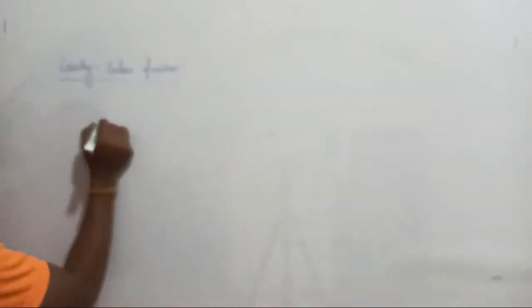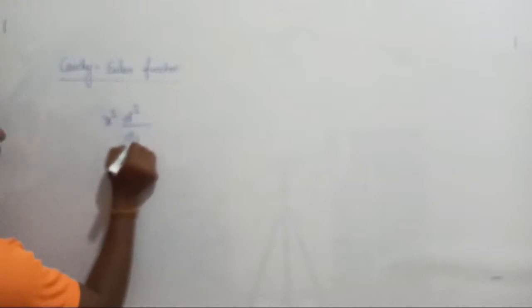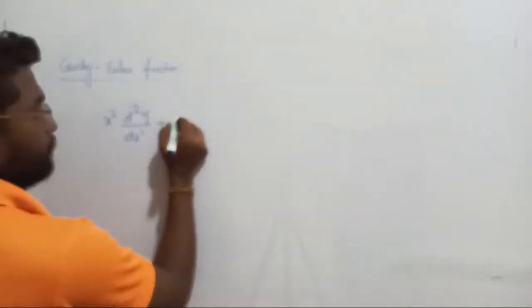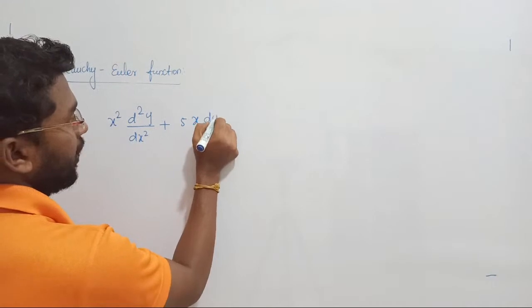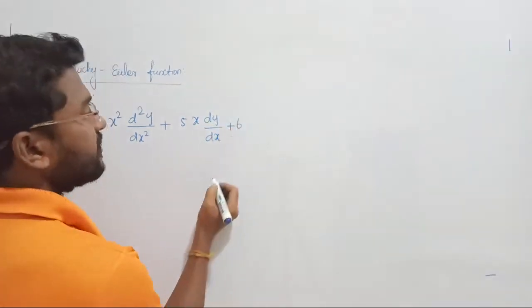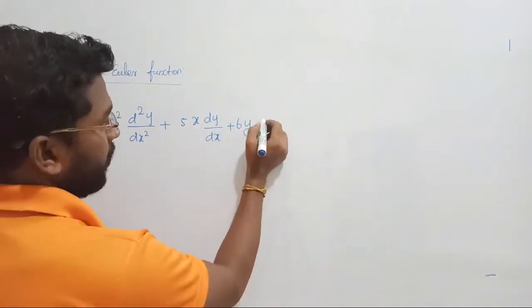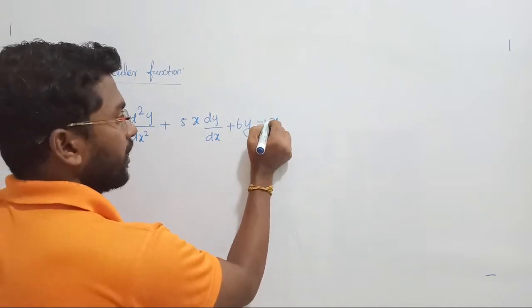Now let us consider x square into d square y upon dx square plus 5 into x into dy upon dx plus 6 into y, equal to x power 1, okay, 10x.